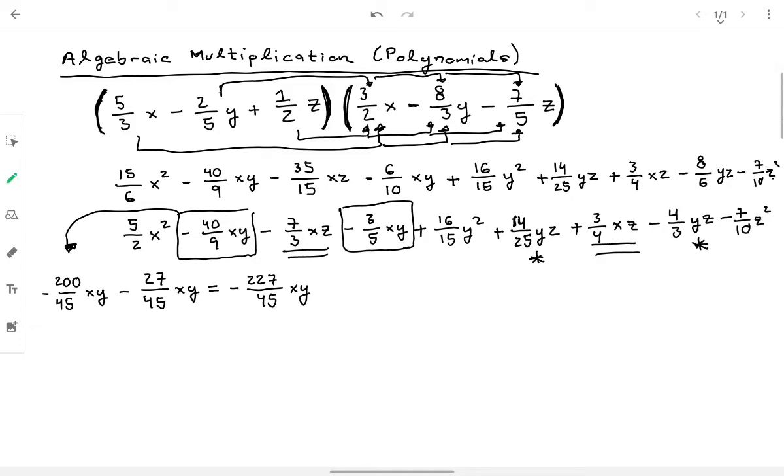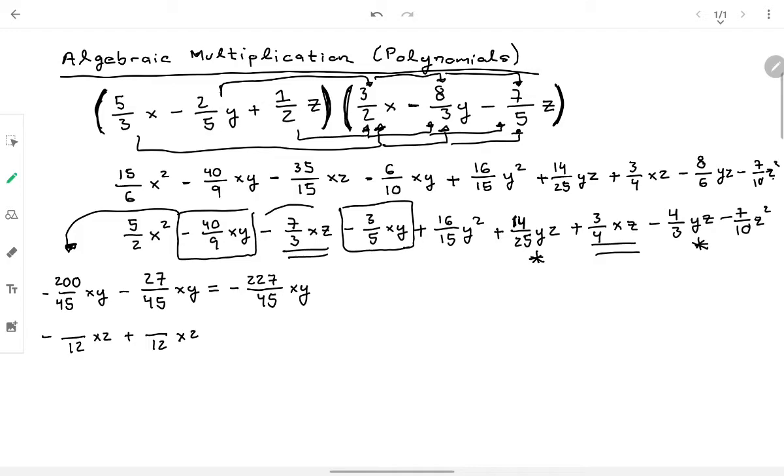The next one is between xz, and we have 3 and 4 as denominators, so the least common denominator is going to be 12. So we will change it to 12xz. The second one is a positive one.